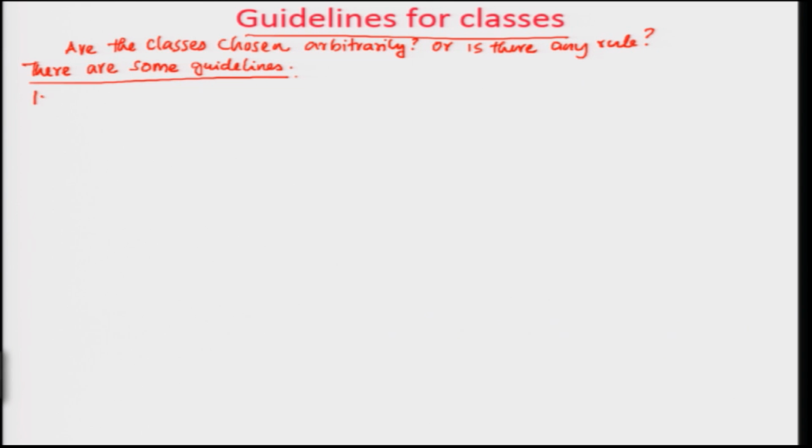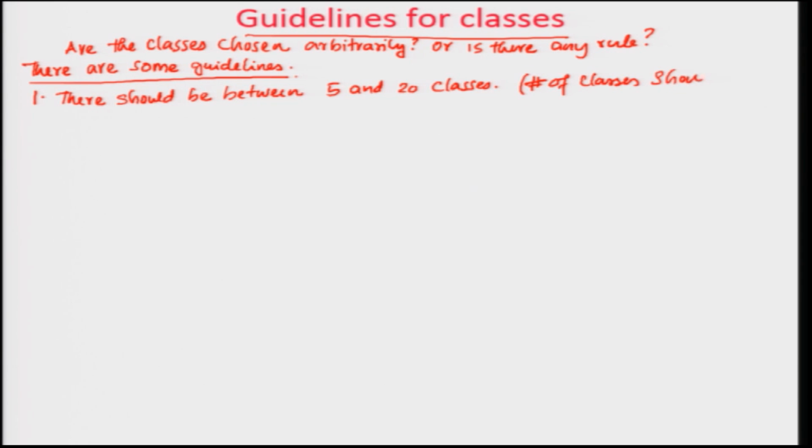The first one: the number of classes should be between 5 and 20.